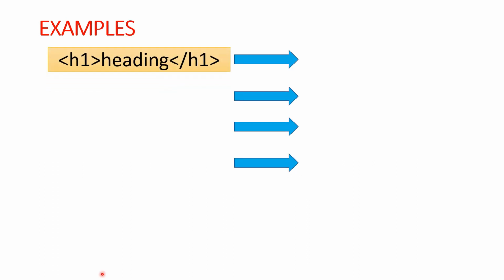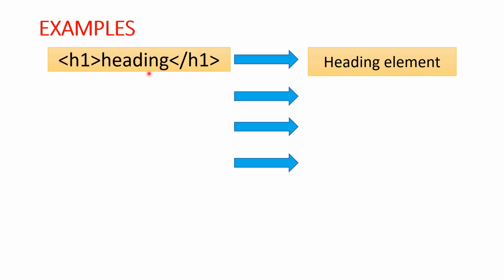We will see some of the examples of HTML elements. This is the heading element and it is having opening tag which is having the left operator, h1 which is the tag name and the right operator and then a closing tag. Heading is placed between the opening and closing tags and this is the content which will be displayed in the web page.